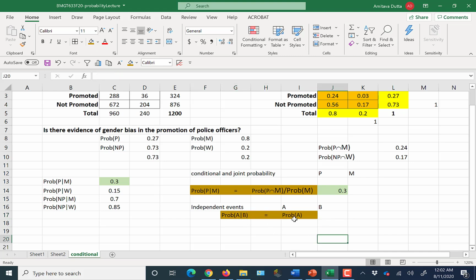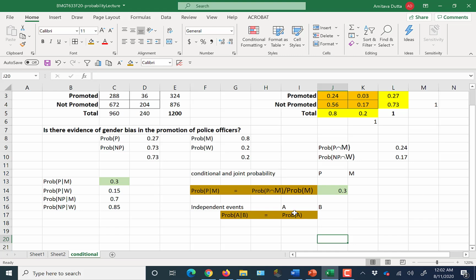So look on the left hand side and look on the right hand side. Left hand side is saying the probability of event A given that event B has happened. So somehow you're thinking that the two are related, that if B has occurred, it somehow has an effect on A. On the right hand side, it says only probability of A. You don't see any B on that side, correct?